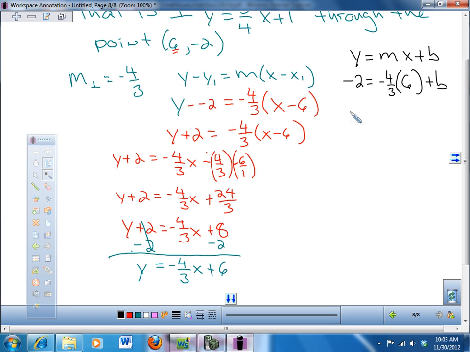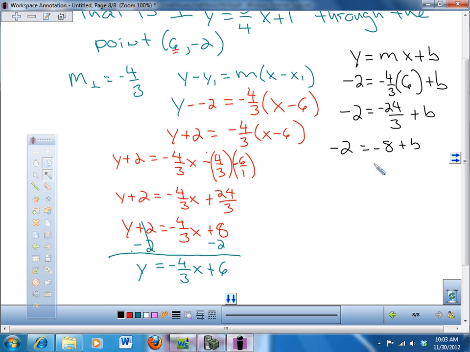So I'm going to try to find b. I get negative 2 equals negative 4 times 6, which gives you negative 24, negative 24 over 3 plus b. What's negative 24 divided by 3? Negative 8 plus b.